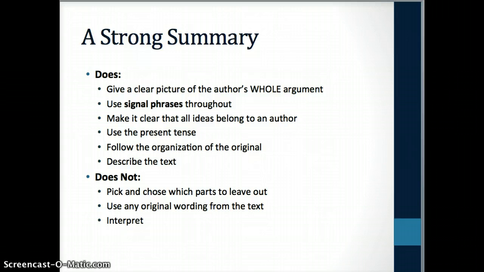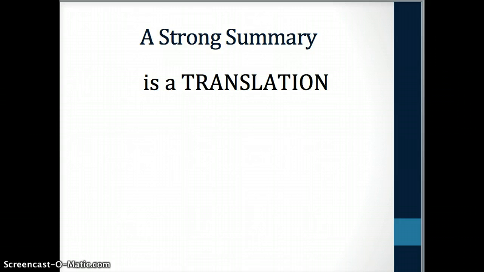If a part of the text is difficult, you can't just ignore it. You have to figure out what it says. A strong summary does not use any original wording from the text. And a strong summary does not interpret, judge, or make any other kind of insertion of the writer's own ideas. In short, a strong summary is a translation of the text.